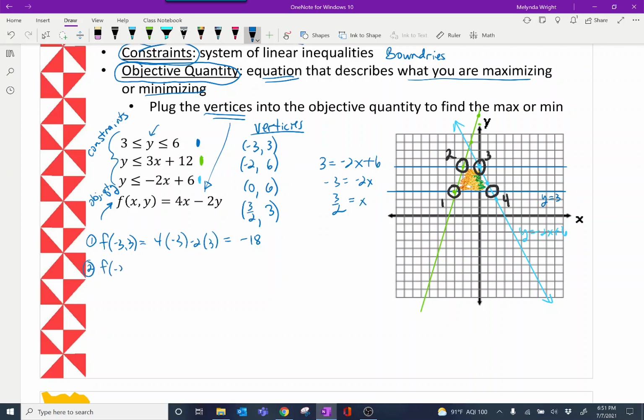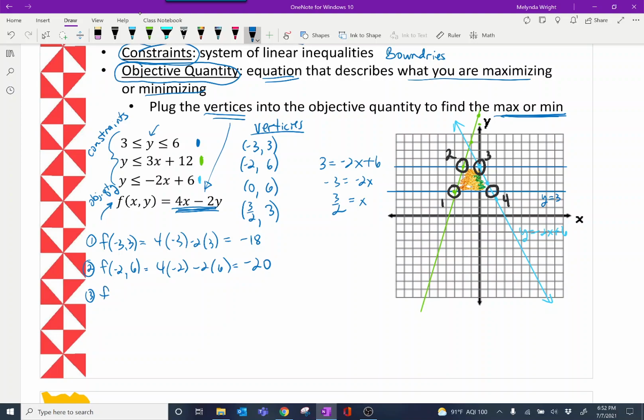So let's take vertex number 2. That's f of negative 2, 6. Again, we're plugging into this objective quantity. So we've got 4 times negative 2 minus 2 times 6. And that gives us negative 20. Okay, that one's smaller. So far number 2 is the winner for our minimum. We're finding maxes and mins. Let's do the third one.